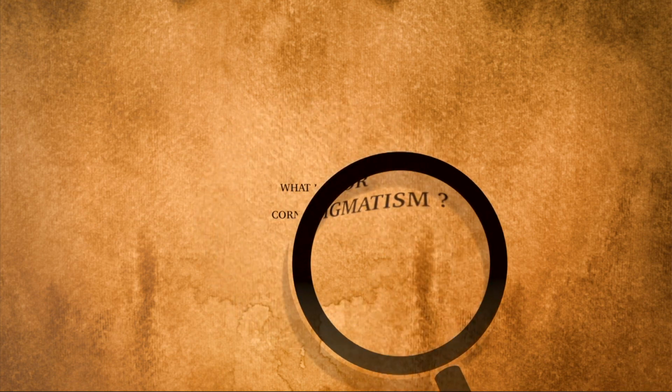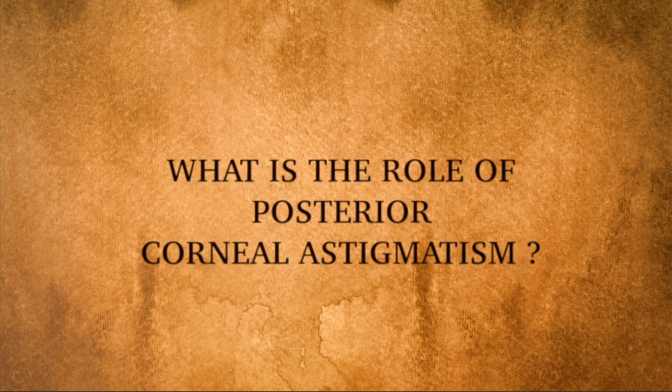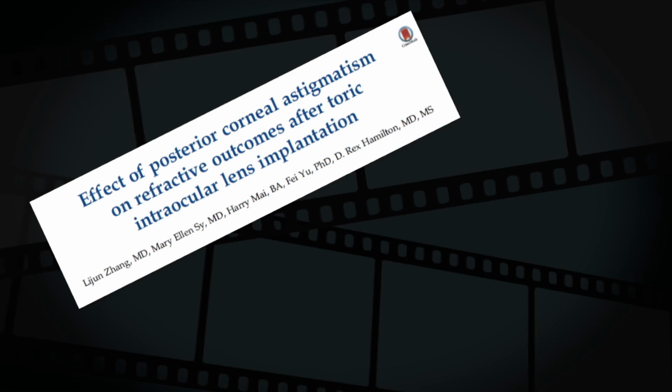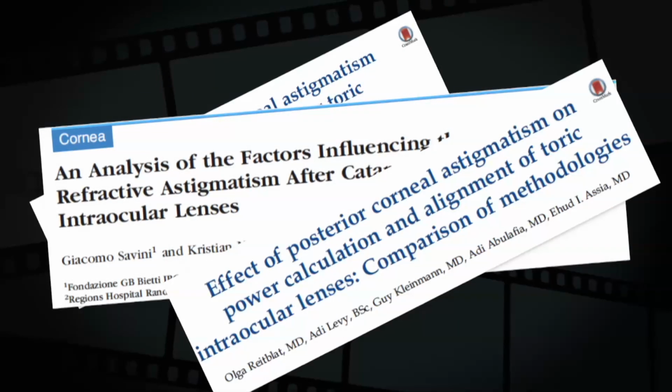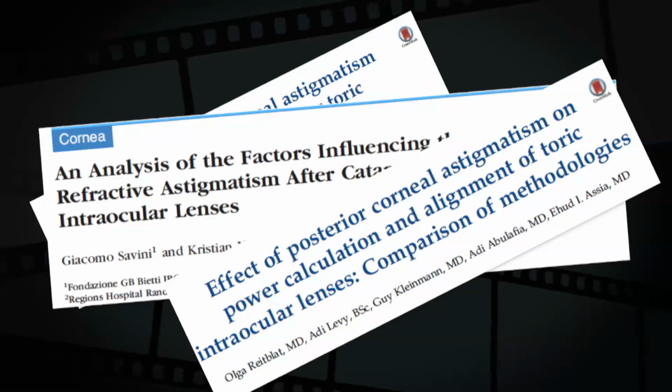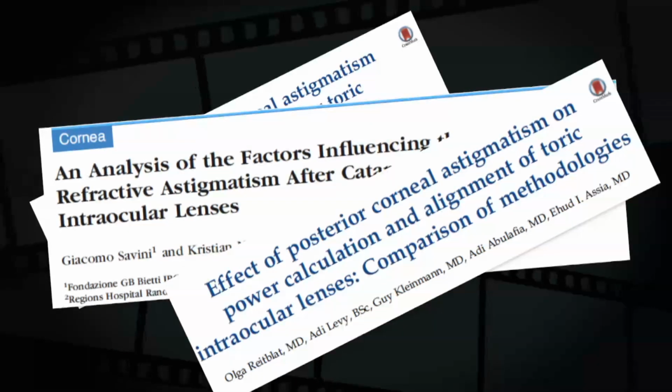The next question which was asked is about the importance of posterior corneal astigmatism. In literature, it is reviewed that posterior corneal astigmatism plays a very important role in toric IOL.